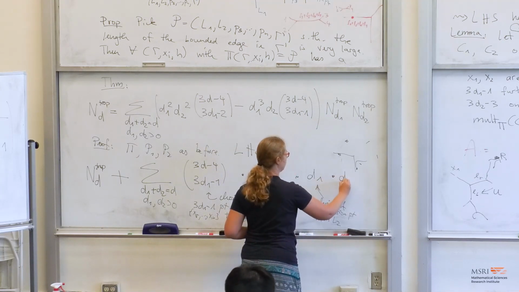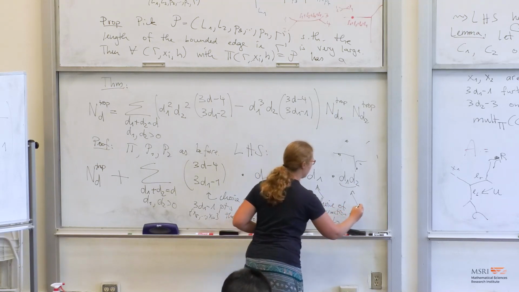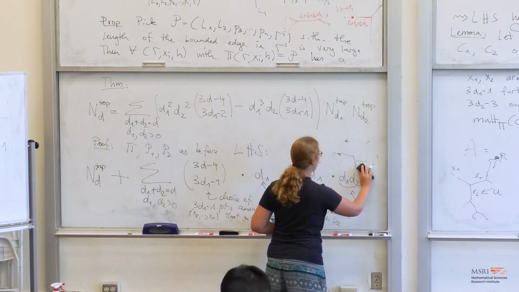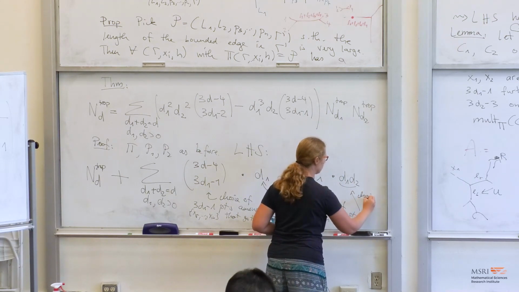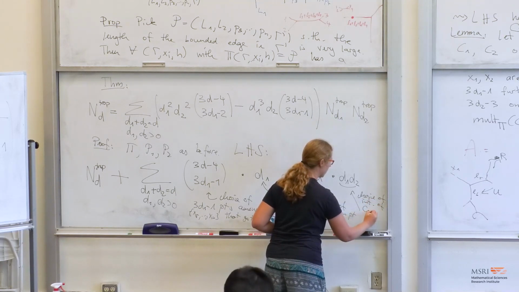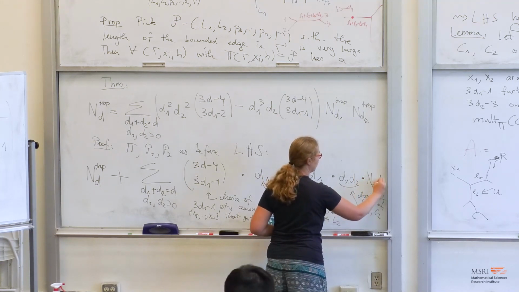And then I have a choice of intersection point between the 2 curves, where I pick where the contracted bounded edge has to go. Choice of intersection of C1 and C2. And, well, then I count the curves ND1 and ND2.